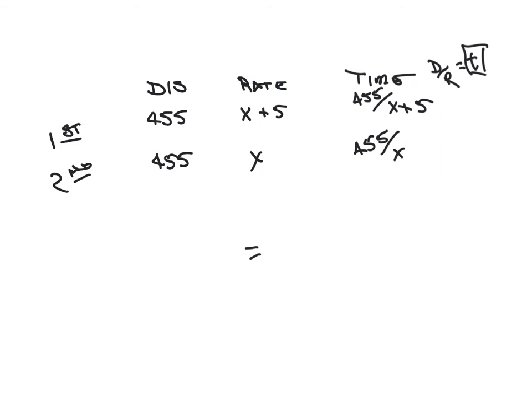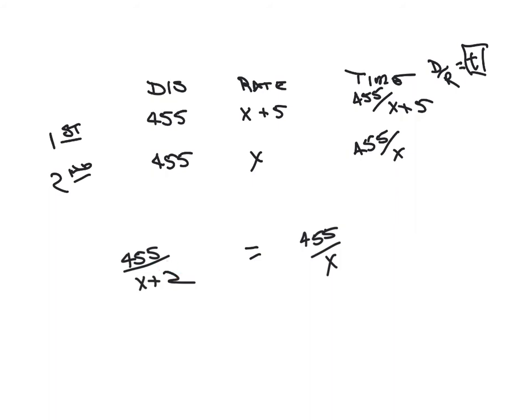So is it possible to take 455 over x plus 5 and make it equal to 455 over x? Are the times equal to each other? No, the times are not equal to each other. Oops, I'm sorry. Why did I put a 2 there?